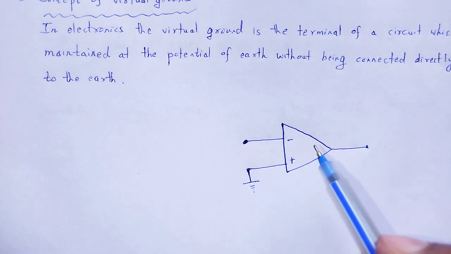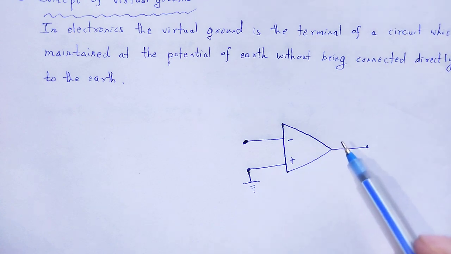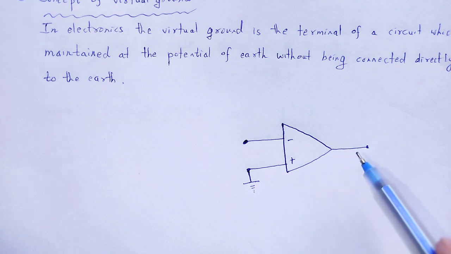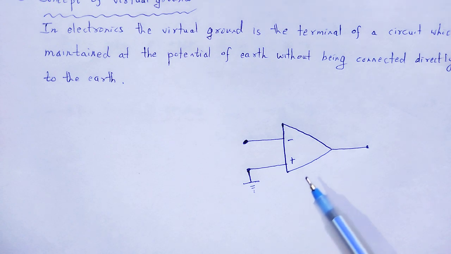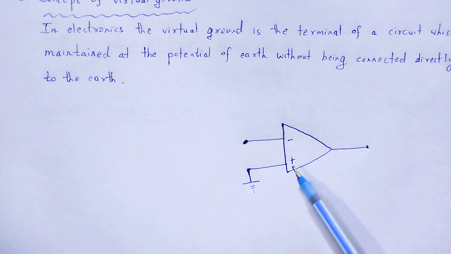An operational amplifier has a very high open loop voltage gain. For an ideal op-amp the open loop voltage gain is infinite, but for a practical op-amp, this gain is very high. Hence, the differential input voltage tends to 0.